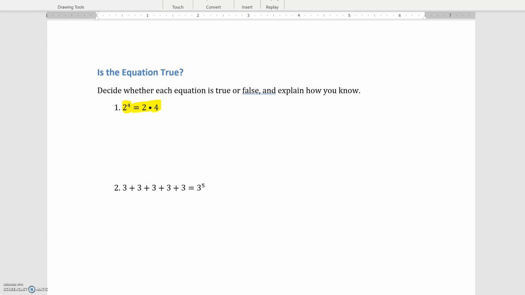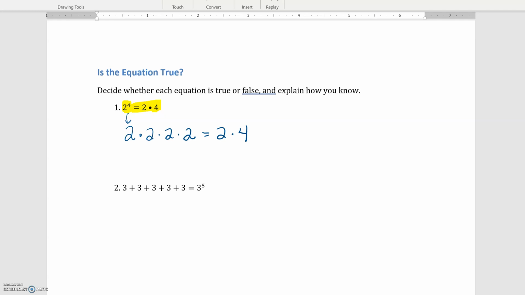Let's think about that. Let's use our strategy from yesterday to note that I can write this exponential expression in multiplication form, which means that 2 to the 4th power is multiplying 2 by itself 4 times. And when I write it like this, I can think to myself, is this true? Is 2 times 2 times 2 times 2 equal to 2 times 4?